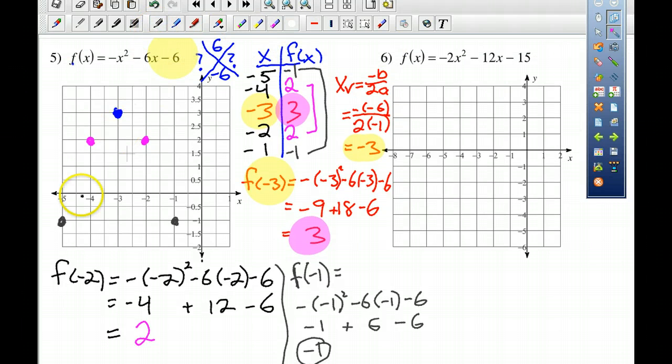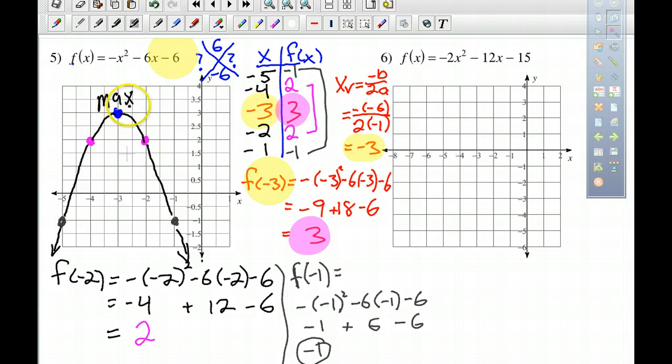Go ahead and draw a curve, nothing else but a curve. Remember, these keep on going outward. Do we have a min or max?